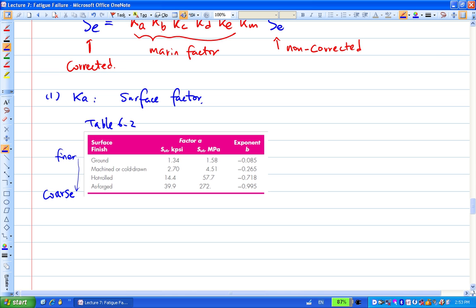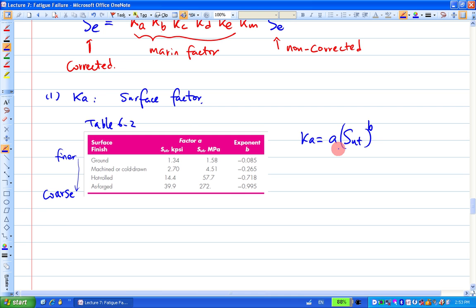And how do I use the table? The formula is this: your Ka is calculated as A times SUT to the power of B. But before you apply the formula, you need to establish common sense.